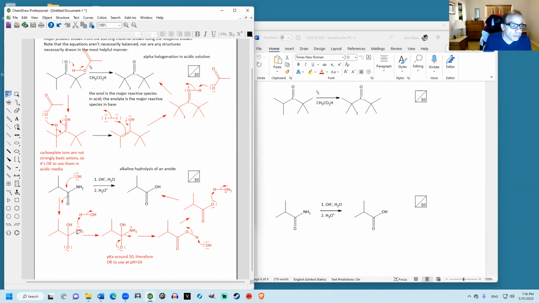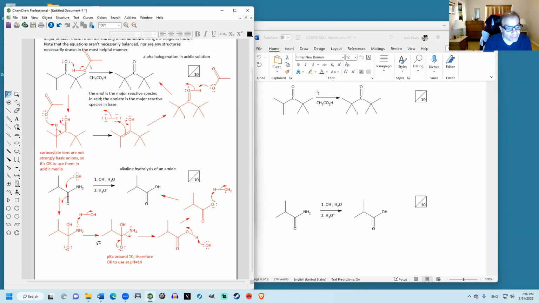And then we need to protonate the nitrogen because we cannot lose NH2 minus, even in alkaline solution. NH2 minus is too strongly basic. The pKa of this ammonium salt is around 10, so it's okay to use it in alkaline solution at pH 14, which is what we're probably at.